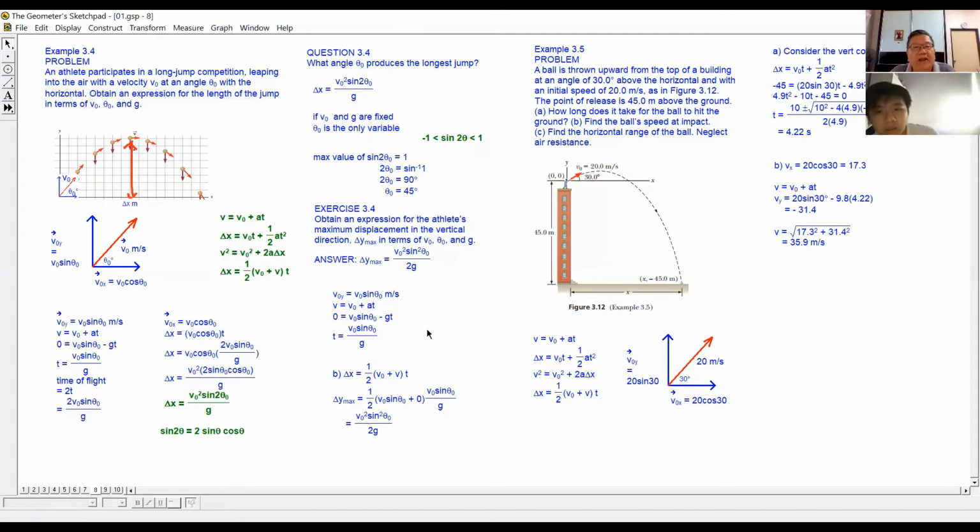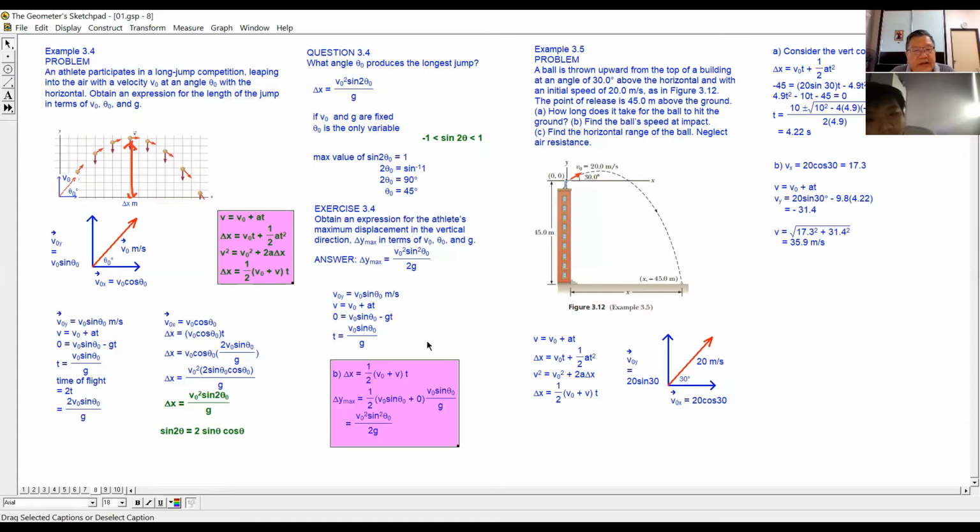Now, but it is only the time. What we want to find is the maximum height, that is the delta y, the vertical displacement. Which formula should we use? We use the last formula here: delta x equals half of v naught plus v, multiplied by t.